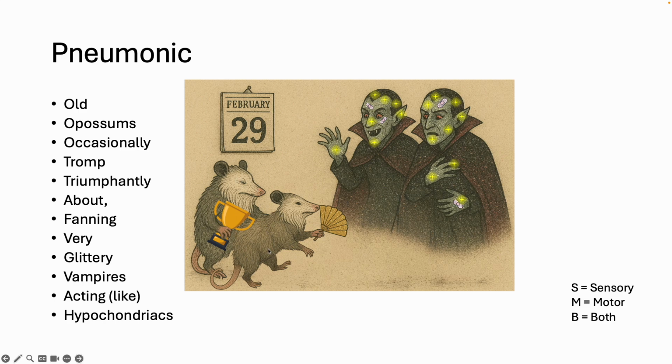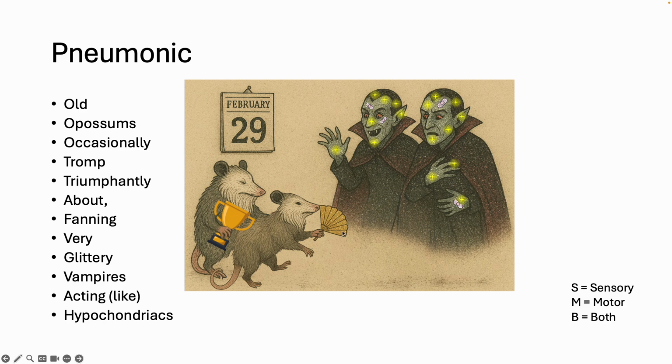So you have these opossums, they kind of have a beard, so they're old opossums. Occasionally, so not all the time, we have a calendar here showing February 29th, so leap years, that's occasionally. Tromp, you can see they're stamping their feet. Triumphantly, they have a trophy, so that clearly they have been triumphant, and they're tromping about.